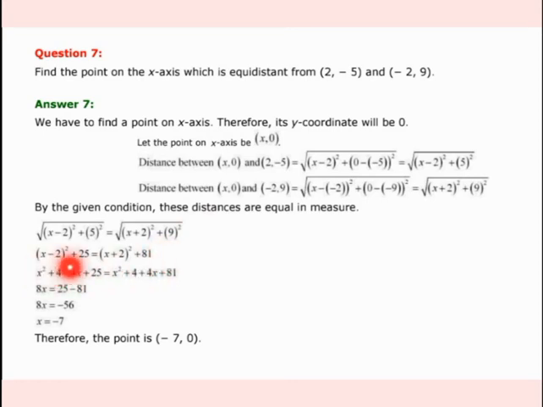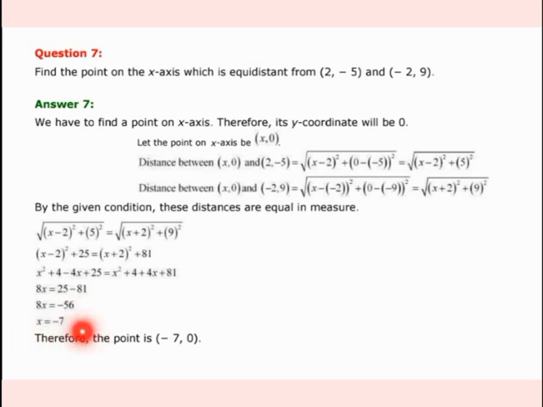On the left hand side we will use the identity (a minus b) whole square: a square means x square plus b square is 2 square, that is 4, minus 2ab means minus 4x, plus 25 same. Is equal to, on the right hand side we will use the identity (a plus b) whole square, means a square plus b square plus 2ab: x square plus 4 plus 4x and plus 81 same. Here x square will be cancelled. After solving you will get x is equal to -7.